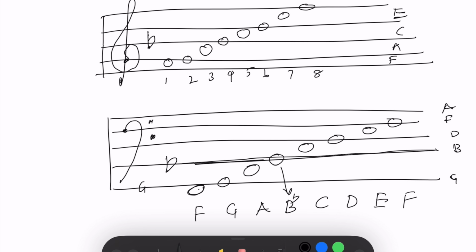So that is the major scale of F. Alright, I'll leave you to do the major scale of G in both treble and the bass staves.